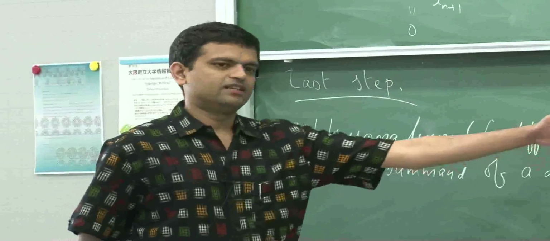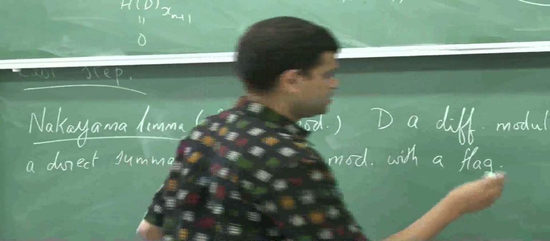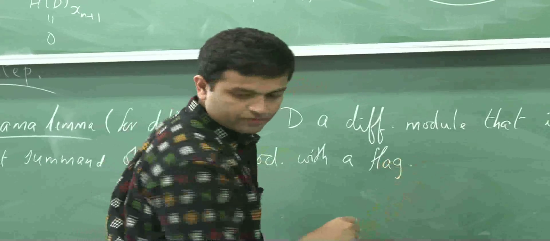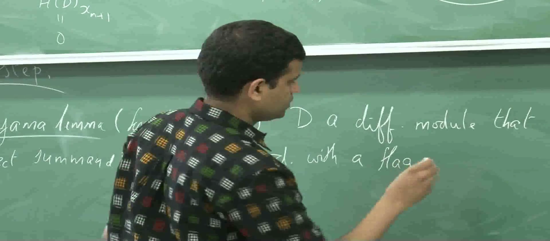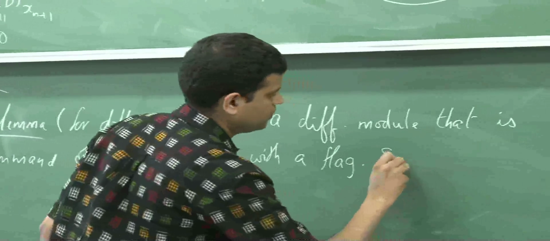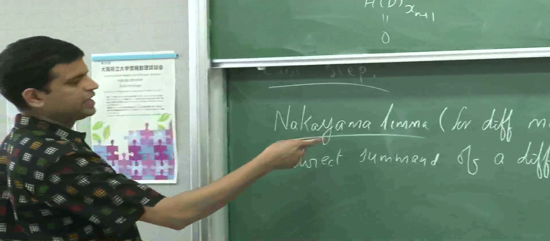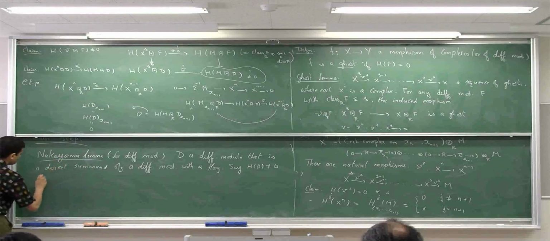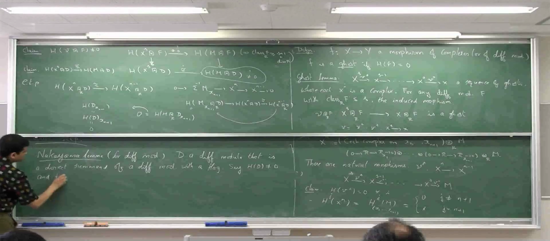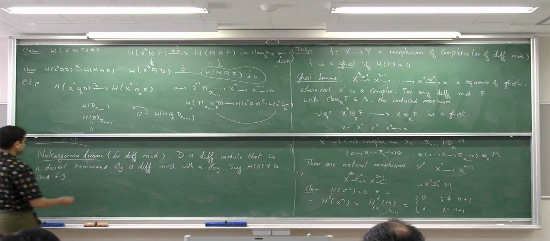As I said, this is really the business of cofibrant objects. And let M be an R-module, with H of D not equal to 0 and finitely generated. Of course you always need finite generation of some sort for Nakayama's lemma. The homology is non-zero and finitely generated.